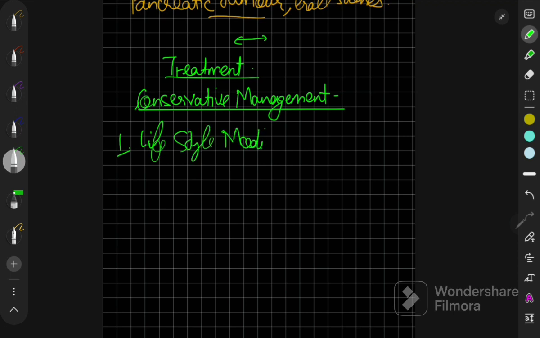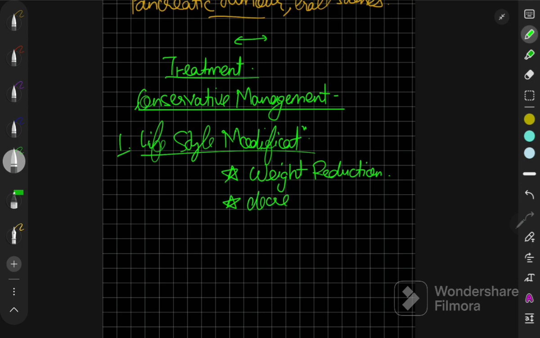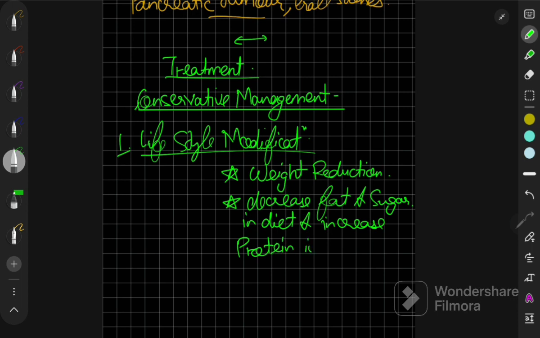Weight reduction, decrease fat and sugar in diet, and increase protein in diet. Avoid alcohol and tobacco.